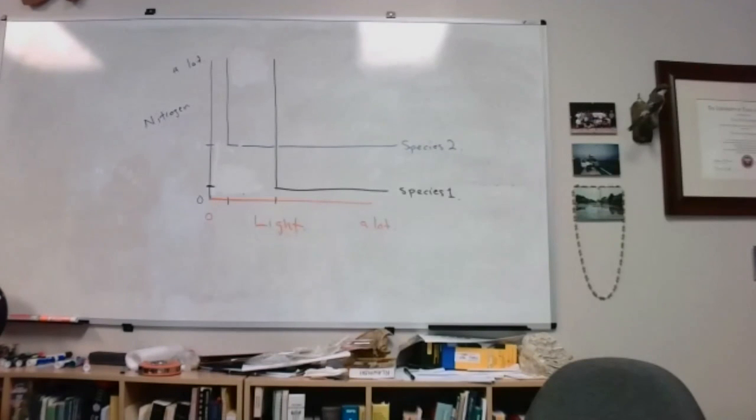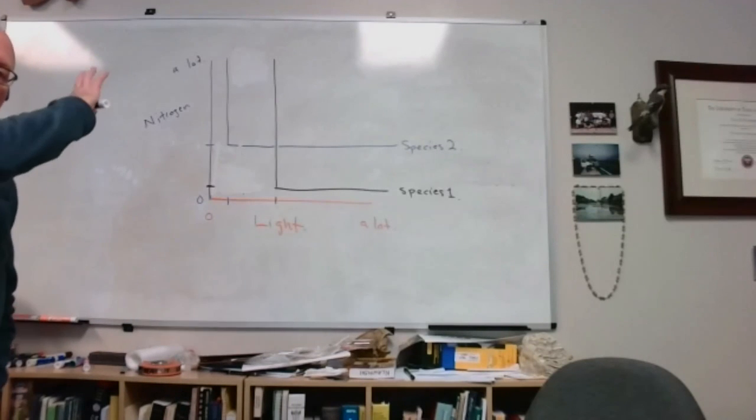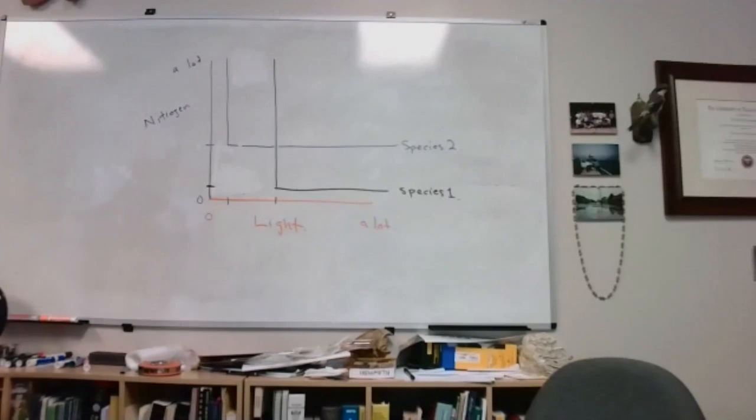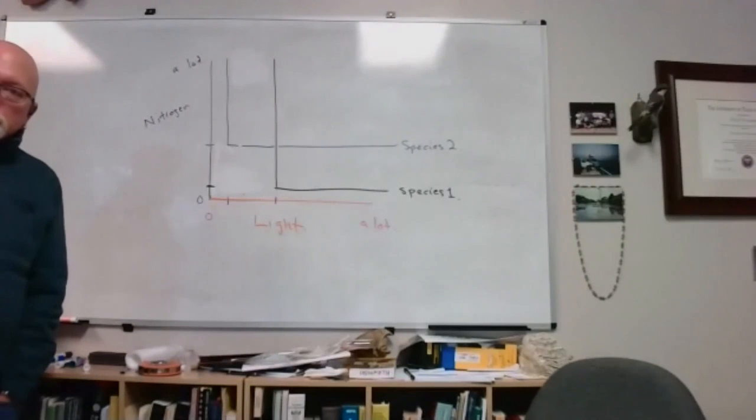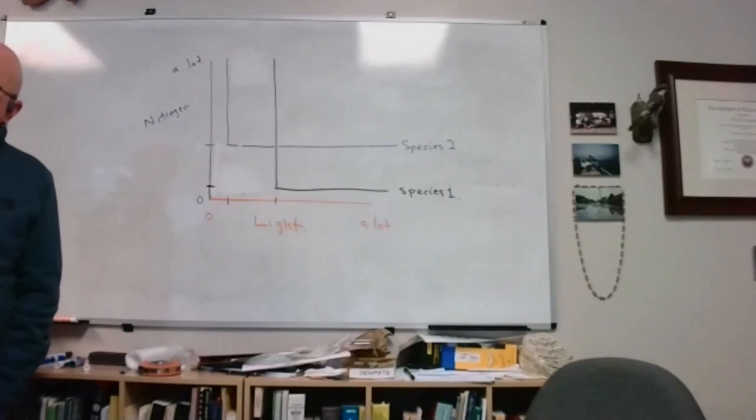So if I was going to ask you to think about where population size would be in this situation, where on this graph would you expect the lowest population sizes of species 1 and species 2 to be? Would it correlate with the low nitrogen and low light?